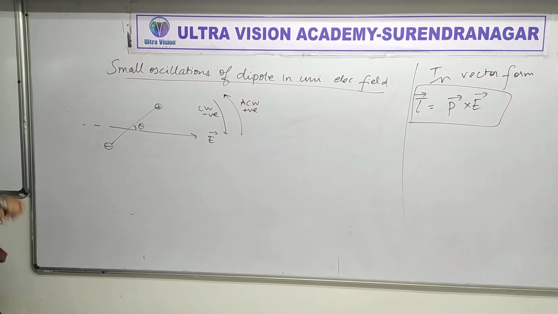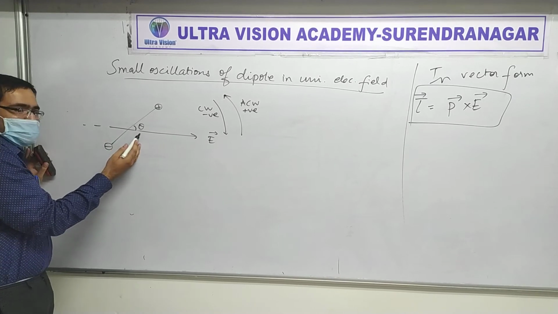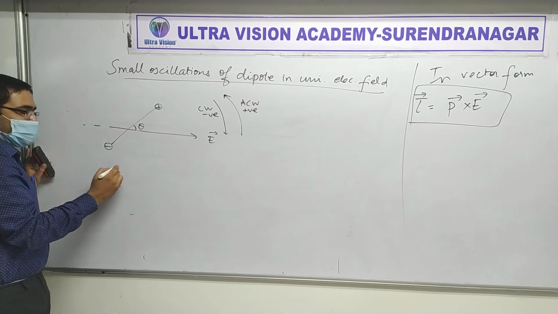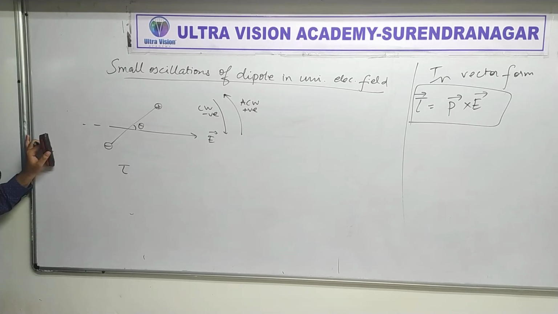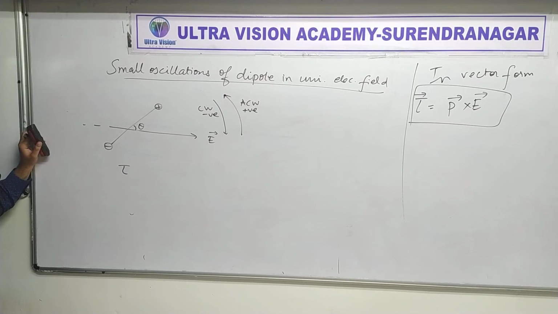So in this particular situation, if theta is positive, then the torque is negative, yes or no? Not clear? Look at the previous diagram. How was the dipole going to rotate? Was it going to have a torque clockwise or anti-clockwise? Clockwise, yeah, right?